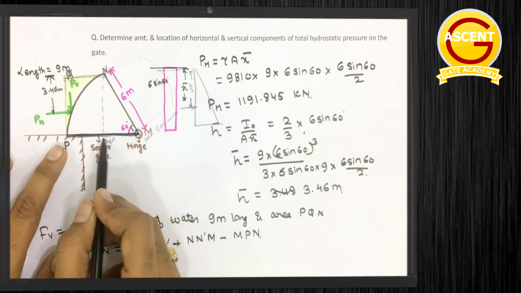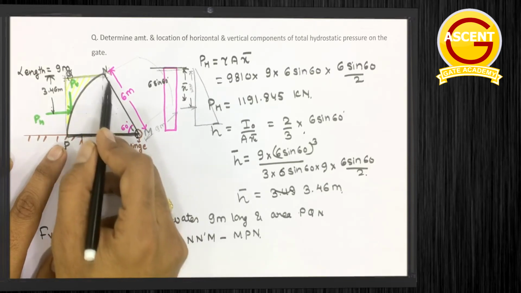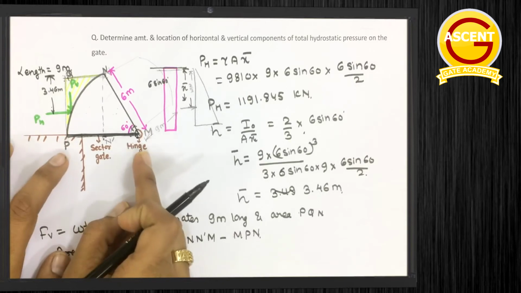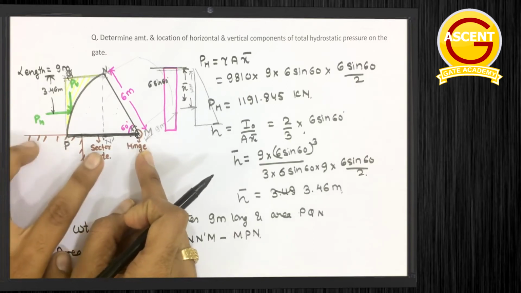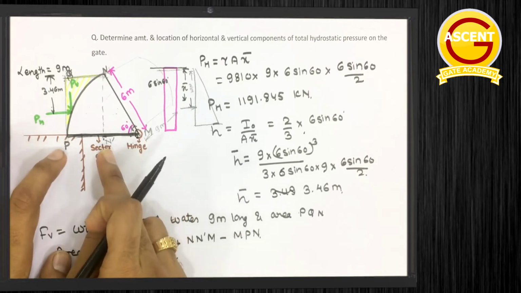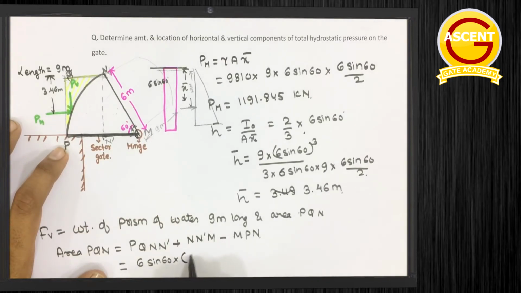If I deduct M N dash from this, and M N dash is nothing but 6 cos 60, that means PM, which is 6, minus N dash M, which is 6 cos 60, I will get P N dash. So this will be equal to 6 minus 6 cos 60.